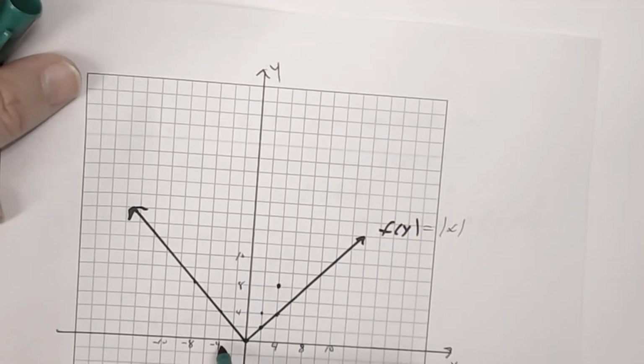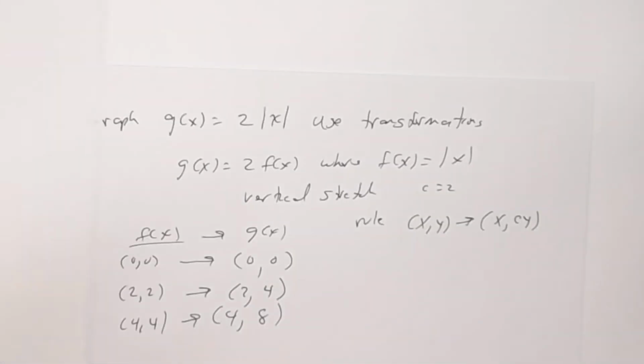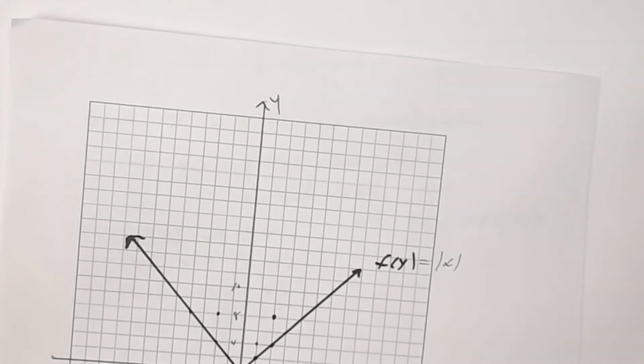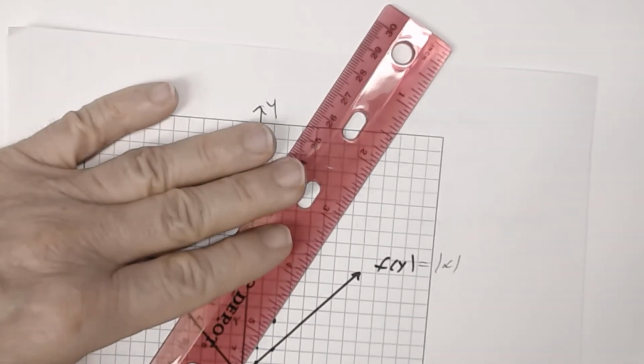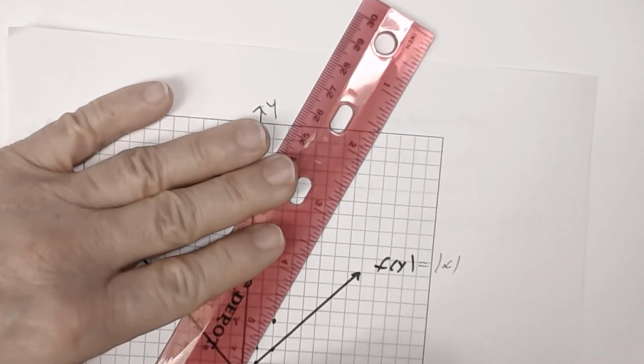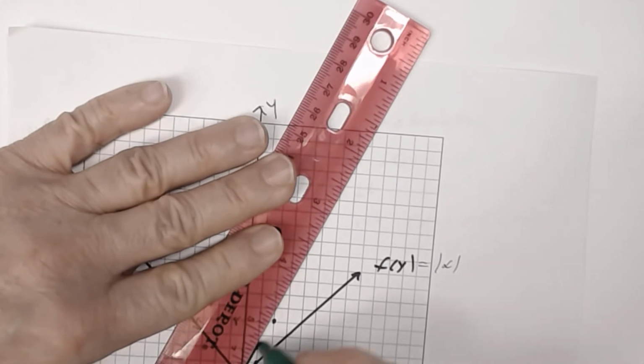And so over here, (-4, 4), what do you think that becomes? So (-4, 4) becomes the point (-4, 8), right? And so if I graph this, I have enough to graph this V. If I have this, you see it became narrower. That was our discussion in part 1. So we get this.